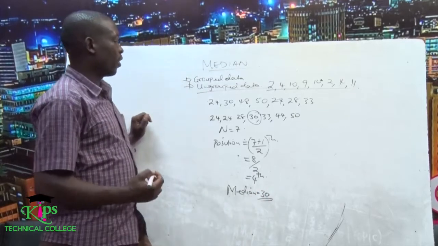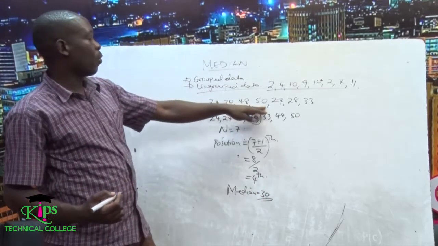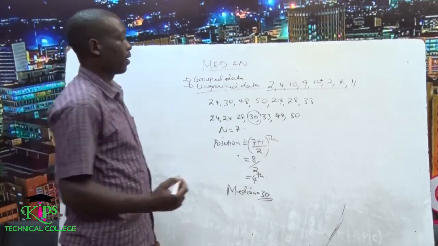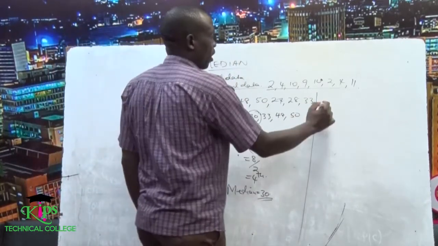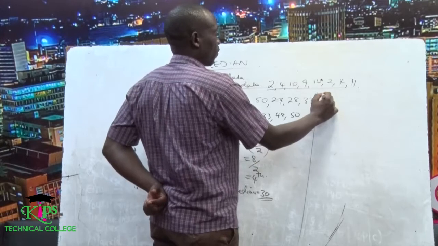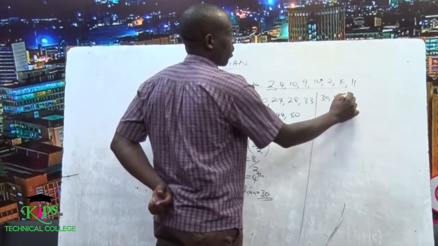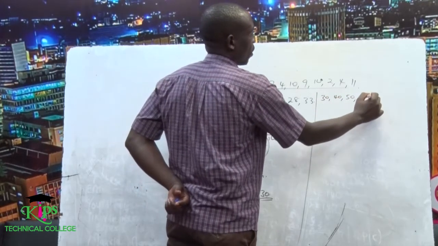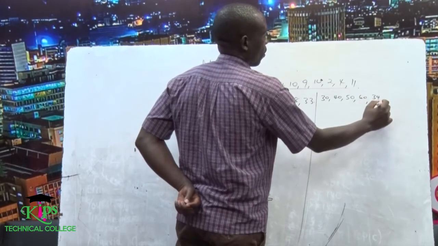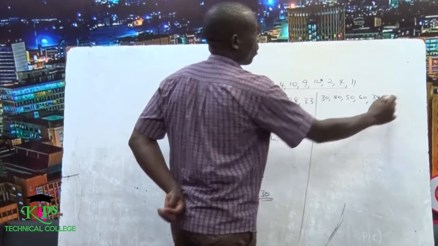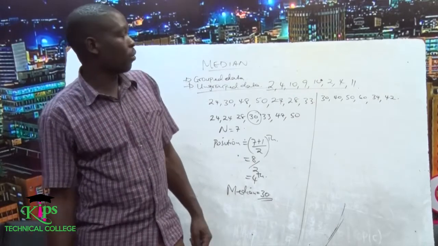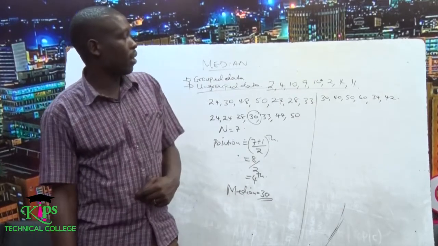In some cases, you can be given a set of data where the number of values is even. Maybe you are given this set of values, and you are told to locate the median.